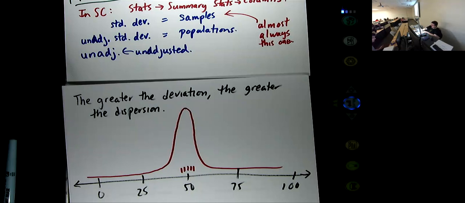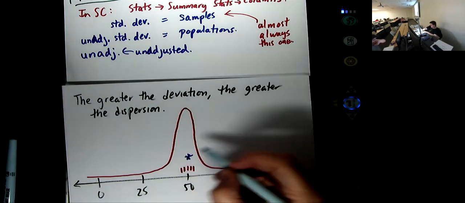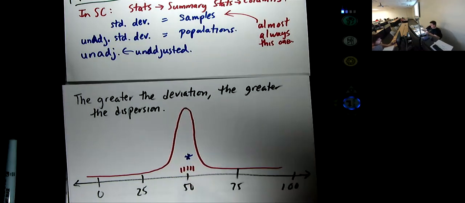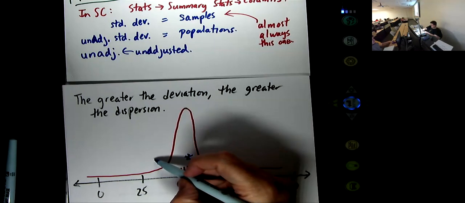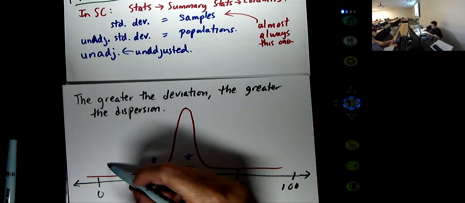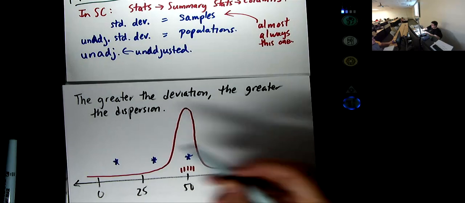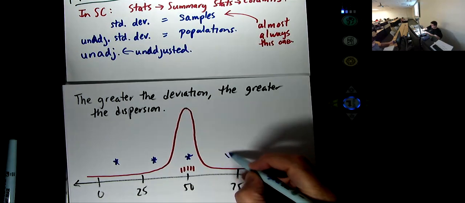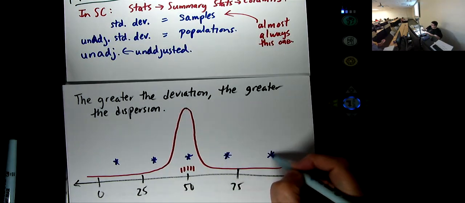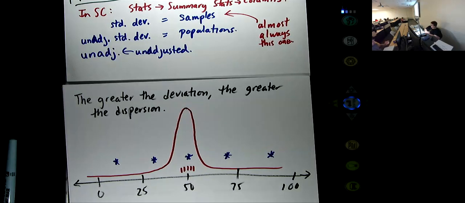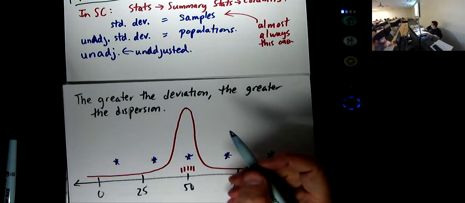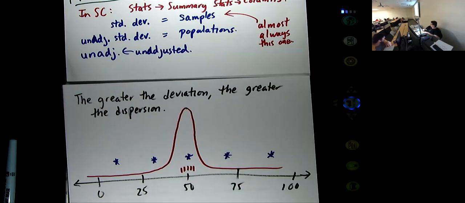Then we had 50. We had 30. We had 10 over here. We had 70 and we had 90. Picture it like sand in a sandbox. If it's more spread out, the sand's got to come from somewhere. So it tends to mean a smaller hill.